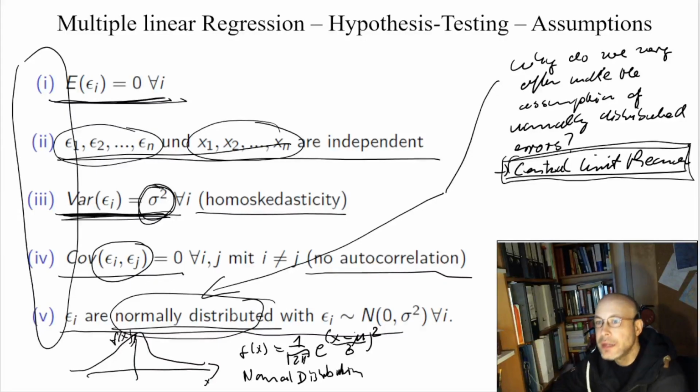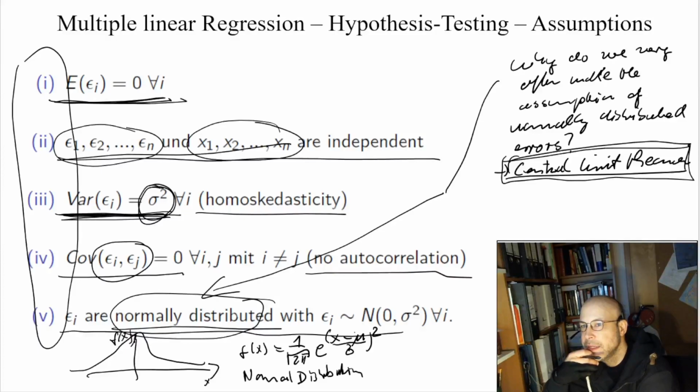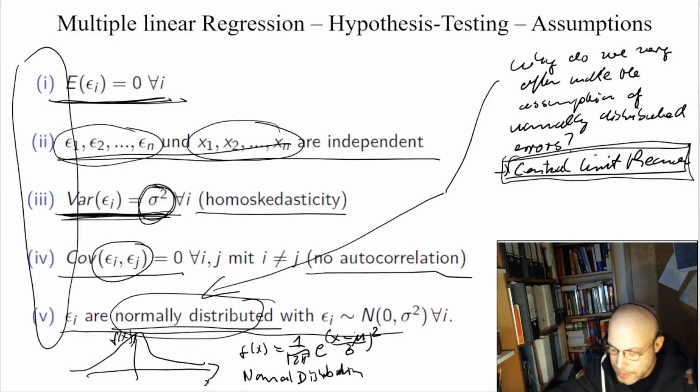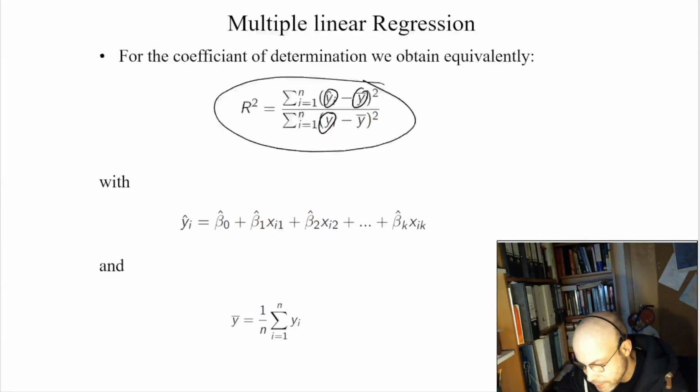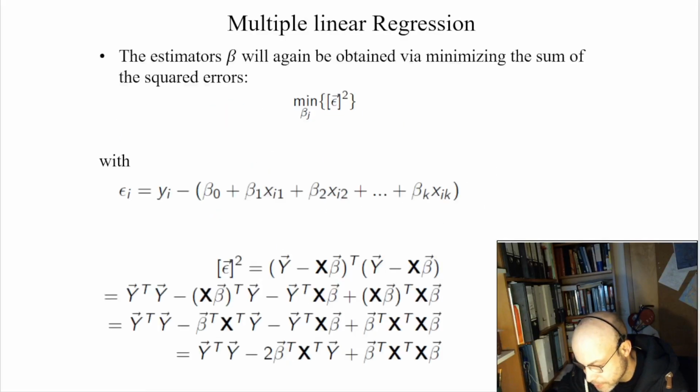And in order to make a specific probability answer to these questions, we have to make some assumptions, especially about the distribution and the properties of our error terms. Remember, where did we have these error terms in our model?